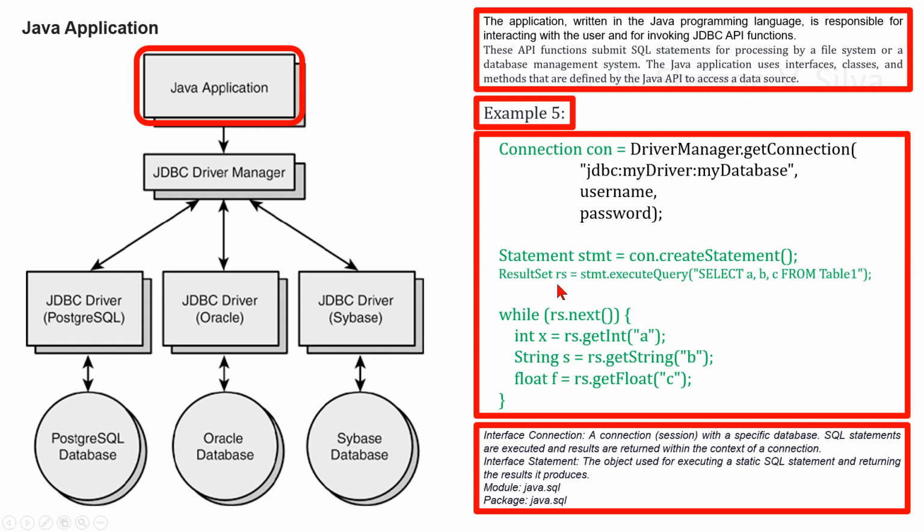Here the ResultSet interface, a table of data representing a database result set, which is usually generated by executing a statement that queries the database.